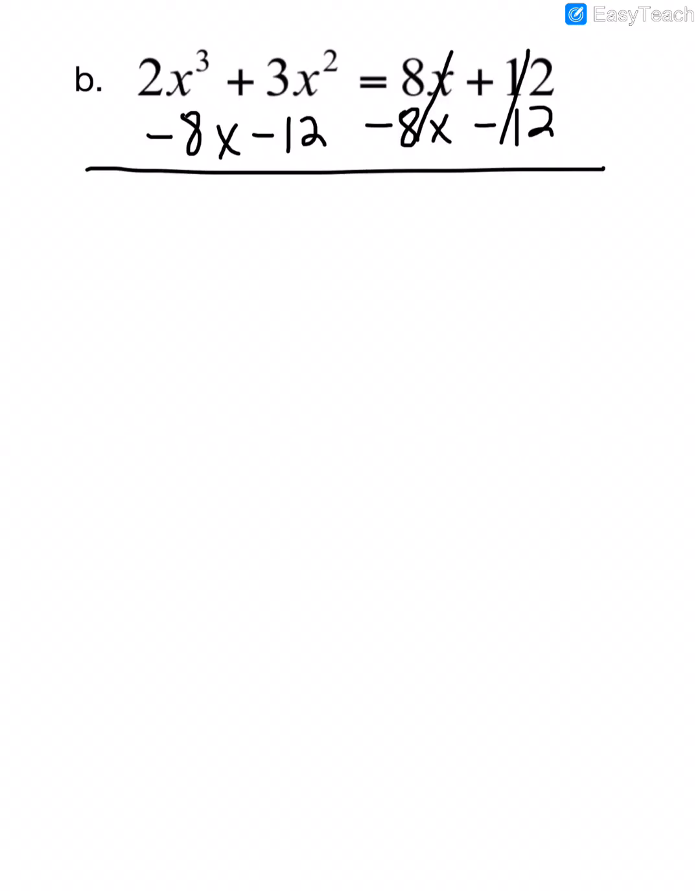So now to put this in descending order, I would have 2x to the 3rd plus 3x squared minus 8x minus 12 equals 0.